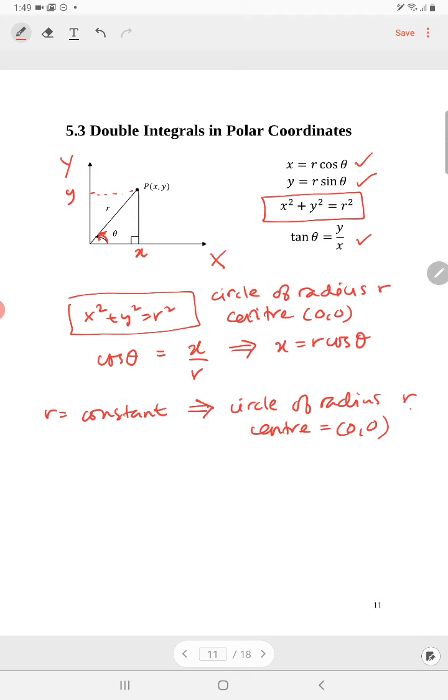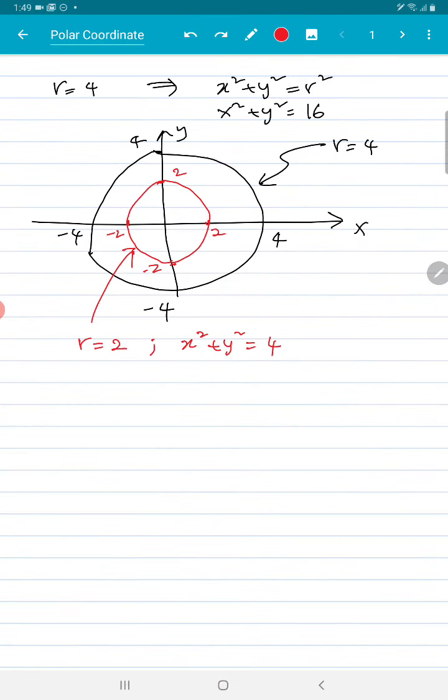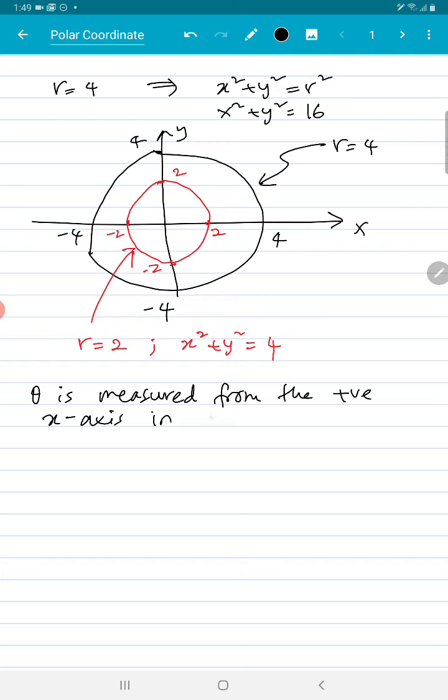Okay, now let's look at how we measure theta. Theta is measured from the positive x-axis in an anti-clockwise manner. So for example, before we have r constant, so now let's look at theta constant. First of all, let's look at how theta is measured. Theta is an angle from the positive x-axis in anti-clockwise direction.